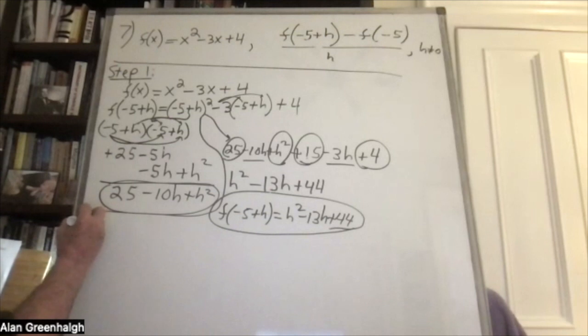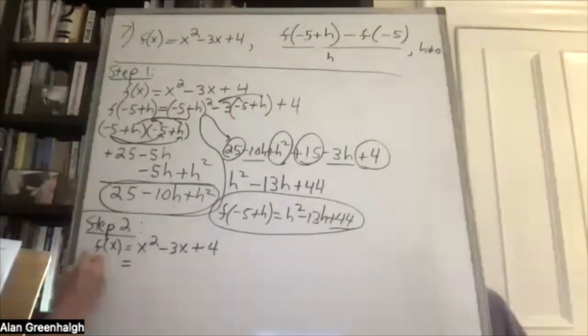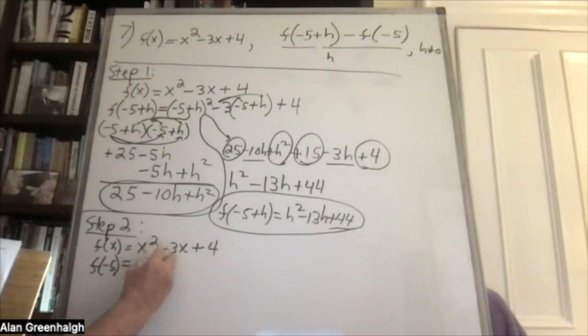So step 2 is to take f of x equals x squared minus 3x plus 4 and substitute negative 5 for x. So negative 5 squared minus 3 times negative 5 plus 4. Negative 5 squared, positive 25.